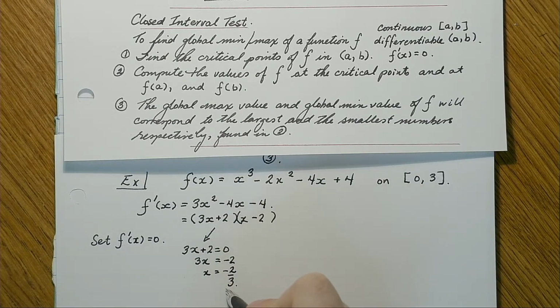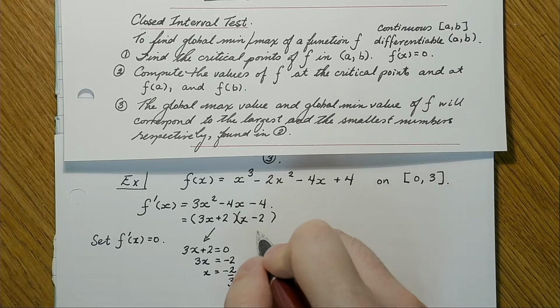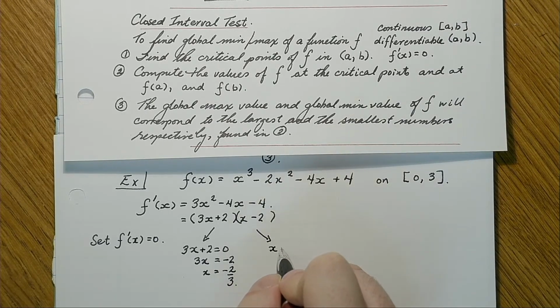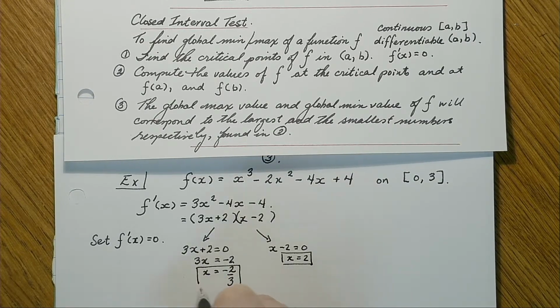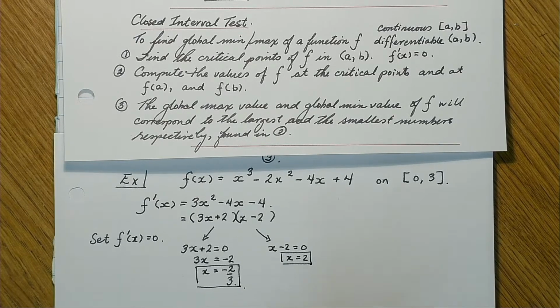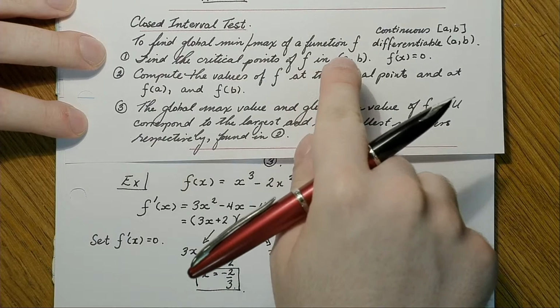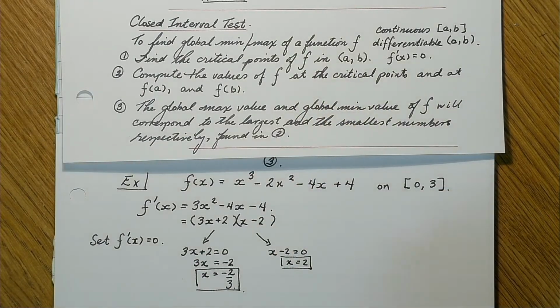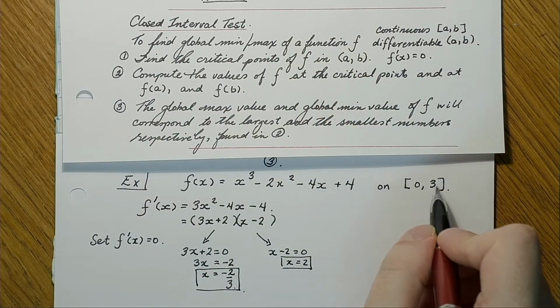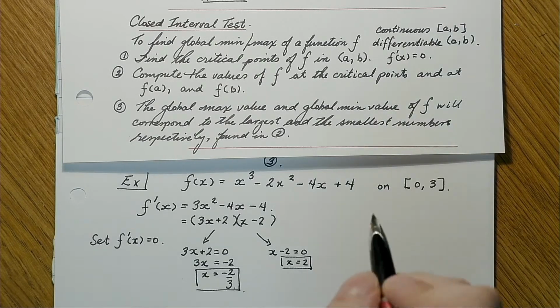And so I got x equals minus 2/3, and on this one I have x minus 2 equals 0, x equals 2. So these are my two critical points. Now, the nice thing about this, okay, so let's go back to the recipe card. Find the critical points in A, B. Now, my A and my B here is 0 and 3.